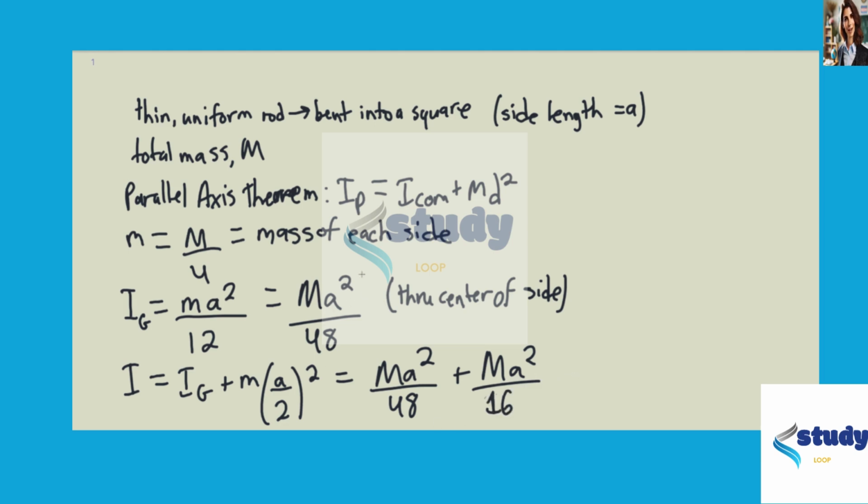So we found the moment of inertia through the center of a side or through the center of a rod, and then we used the parallel axis theorem in order to find the moment of inertia of each side about an axis that is through the center of the square and perpendicular to the plane of the square. This is going to give us Ma squared over 12.